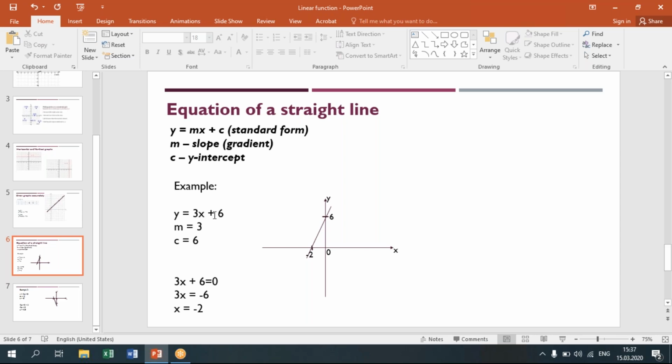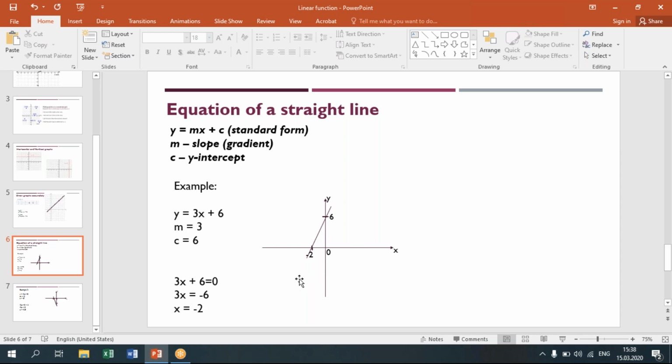That's why 3x plus 6, and instead of y will be 0. I have to solve this equation. Positive 6 on the other side will be negative 6. Negative 6 divided by 3 will be negative 2. X is equal to negative 2. So this point, negative 2, I have to show on the x-axis.